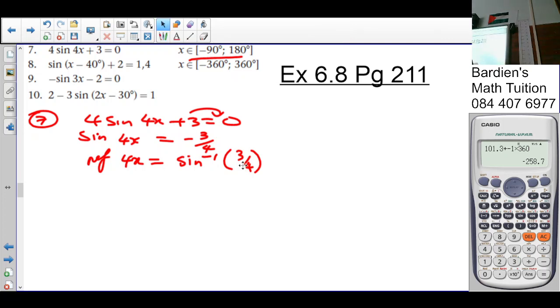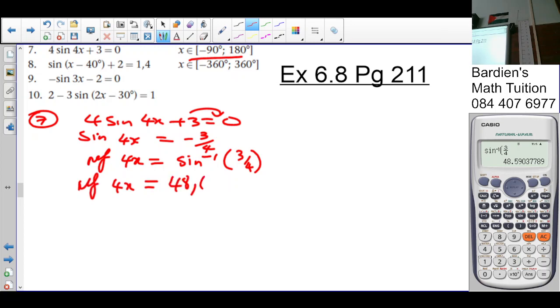So when you work this out, you say shift sine, arc sine of 3 over 4. That gives us an answer of 48,6. So the reference 4x is equal to 48,6 degrees. I don't again divide by 4. You leave the angle until you take it to its quadrant.